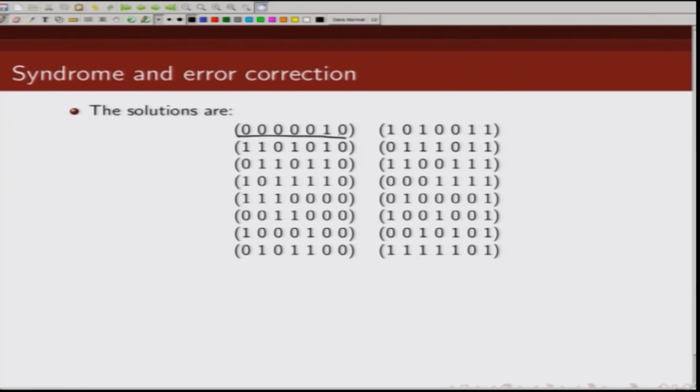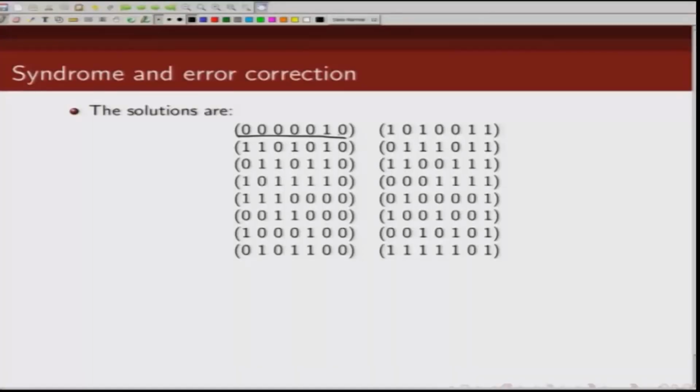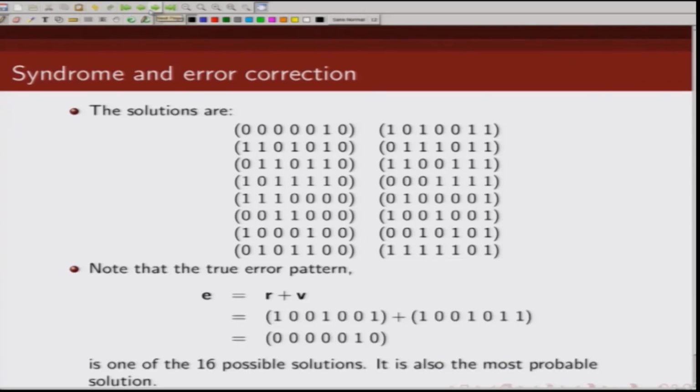You can check that this one has the least number of ones, so this error pattern has the least Hamming weight. Out of those 2 to the power 4 solutions, this is the most likely solution, and we can verify this because we were given the received sequence and knew what the transmitted sequence was. The error pattern indeed was this, which we found by solving this set of equations.